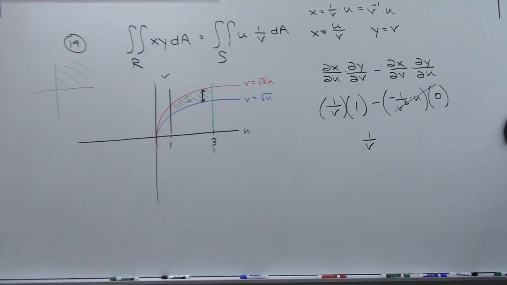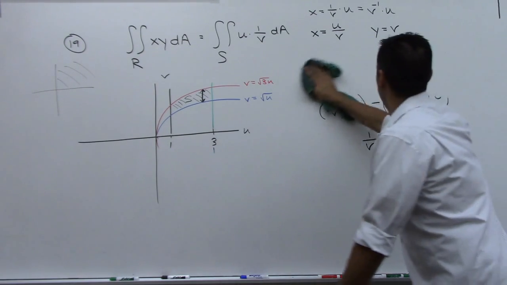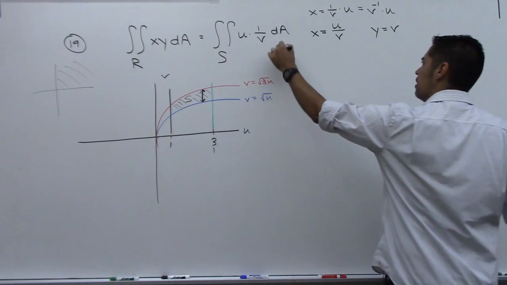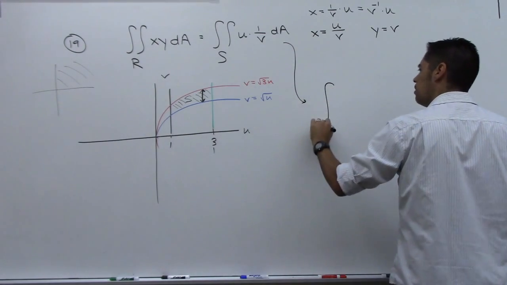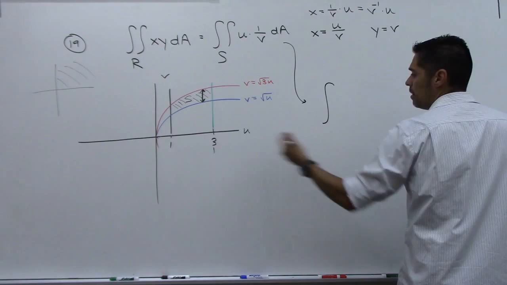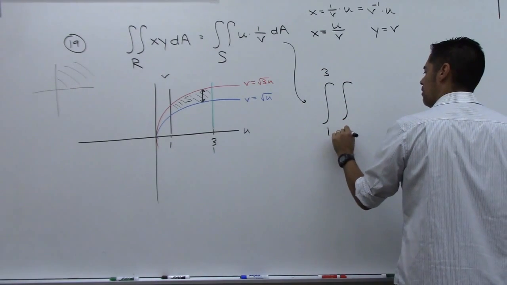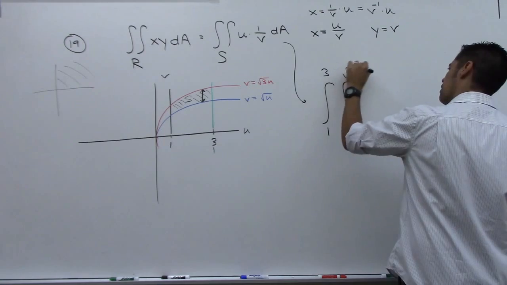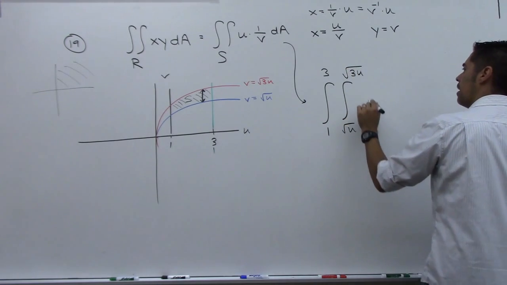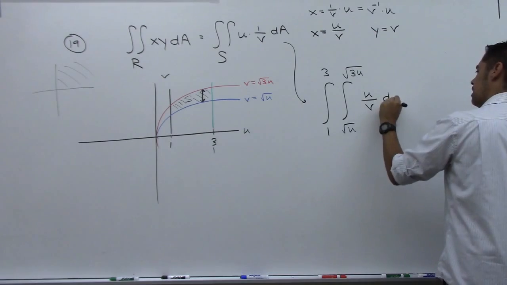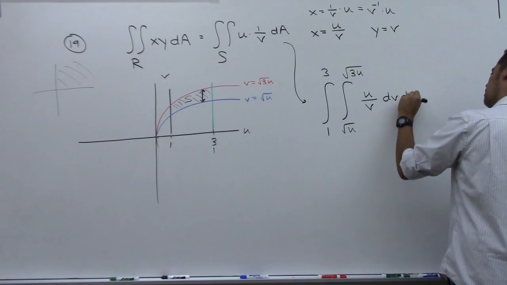Okay. Now let's go ahead and set up the limits of integration. So this becomes the integral, let's see, u is going to be the one stuck between two constants, so 1 to 3, and then root u to root 3u, and I'm integrating u over v dv du.